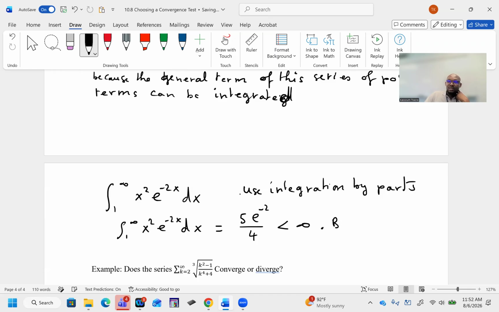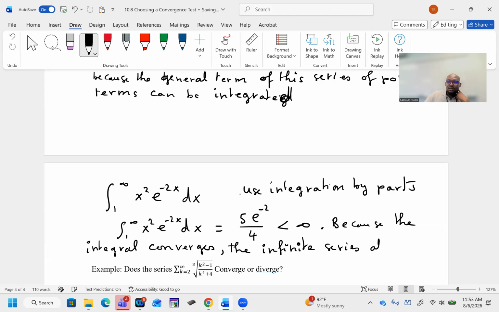So because the integral converges, we can say the infinite series also converges.